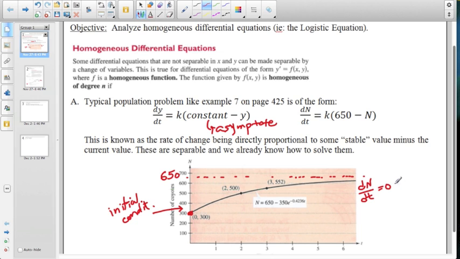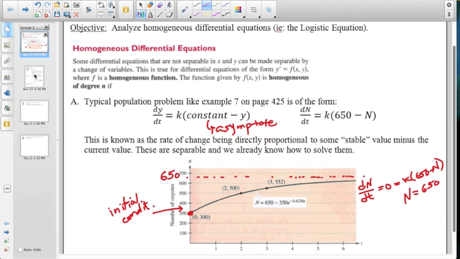Knowing that, we can take this expression and solve it algebraically for the value n: divide each side by k, 0 divided by k is 0, and you end up getting 650. That's where the asymptote comes from, setting the derivative equal to 0, no matter what the value of k is.